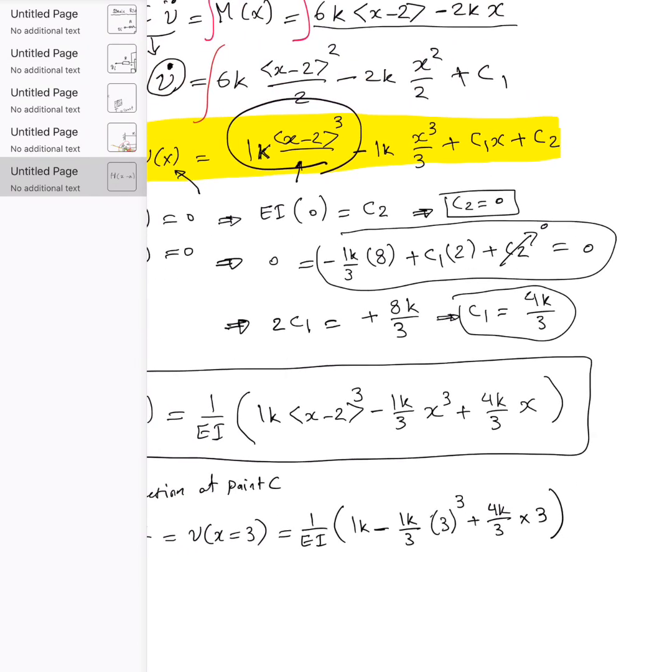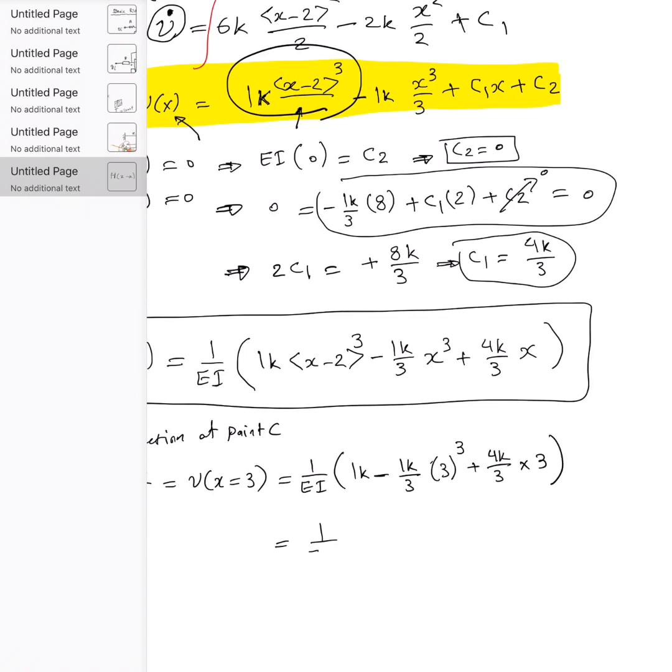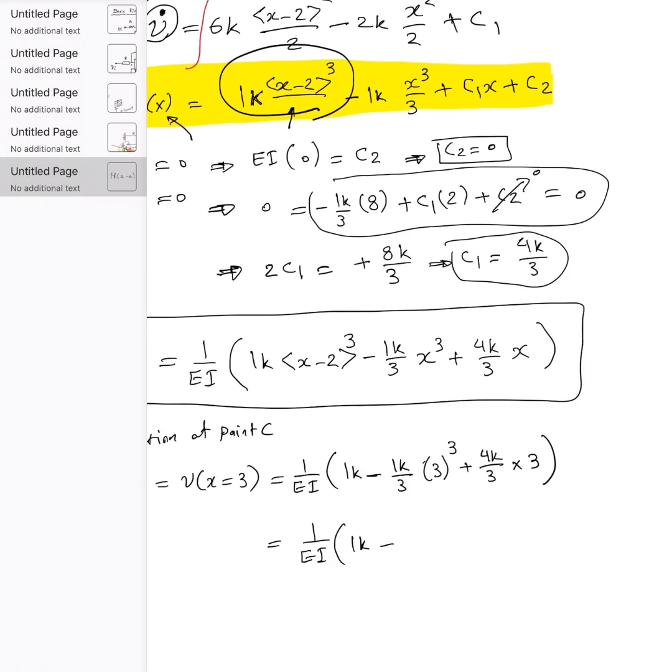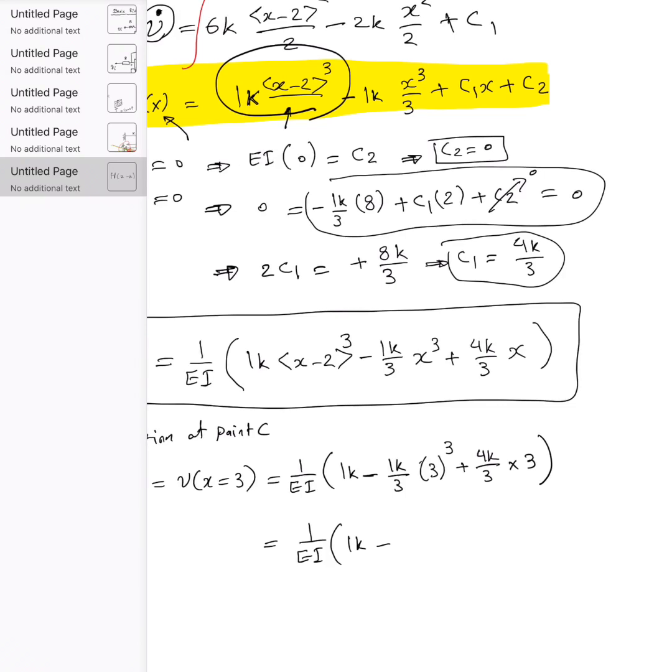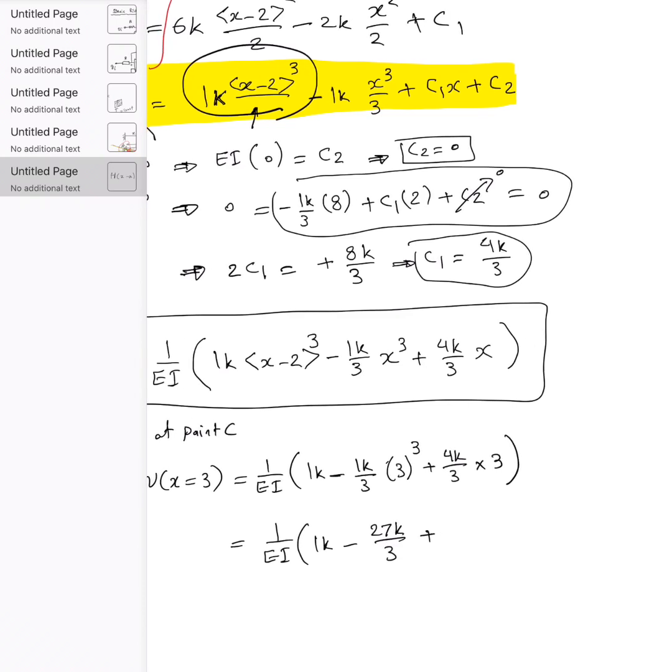So let's simplify that. You get 1 over EI times 1k minus, this becomes 27k over 3, plus this becomes 4k, which I can write as 12k over 3. So 1k, negative 27k divided by 3, plus 12k divided by 3. And this 1k, I can write as 3k over 3 instead of 1k. You see that?